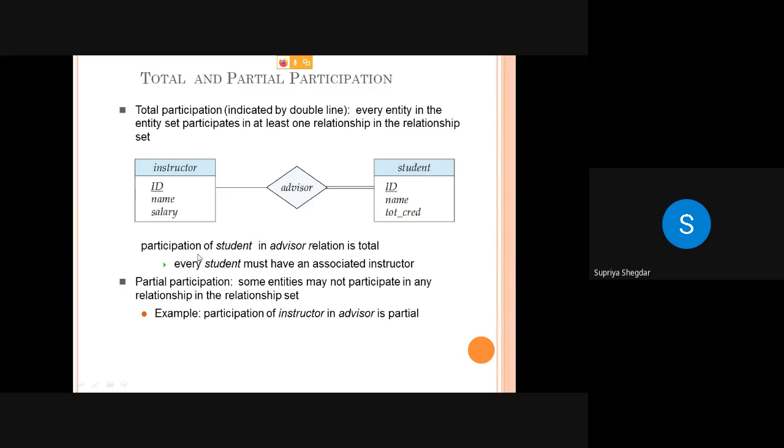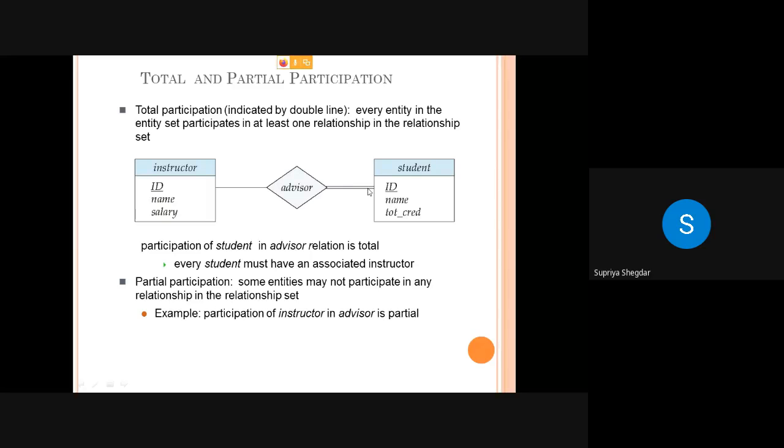The participation of the student in the advisor relation is total, because every student must have an associated instructor. For every student there must be one instructor, so all the students in the entity set student are participating in the relationship.